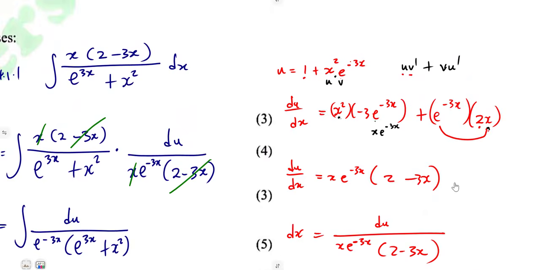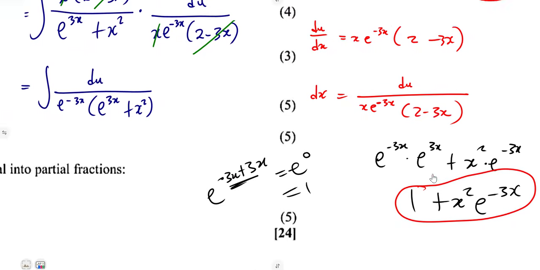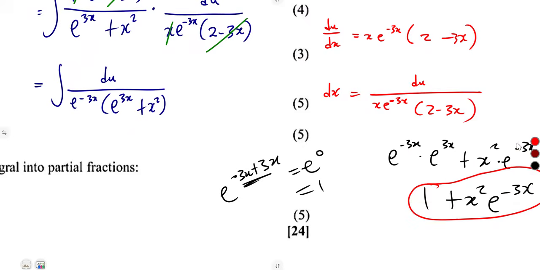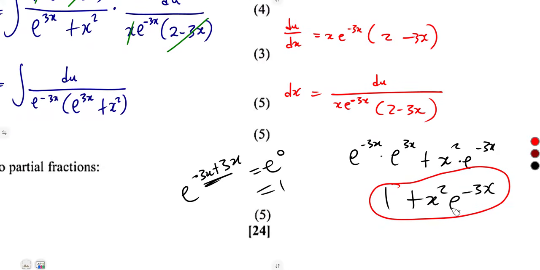So, okay, let us just write it first so that we can properly show our steps. Here I just expanded on this part. So this is what I'm going to write: the integral of du over this part, 1 plus x squared e to the exponent of minus 3x, after expanding the bracket.